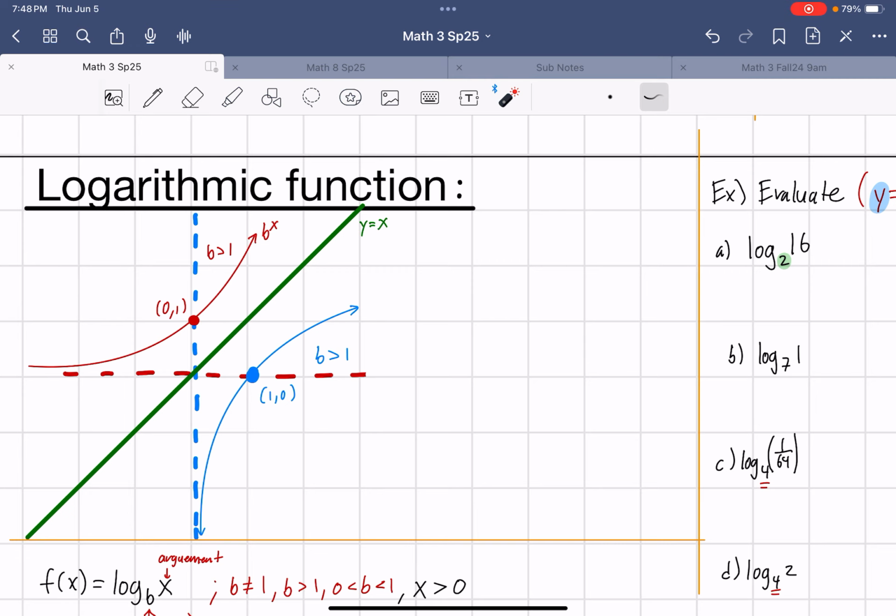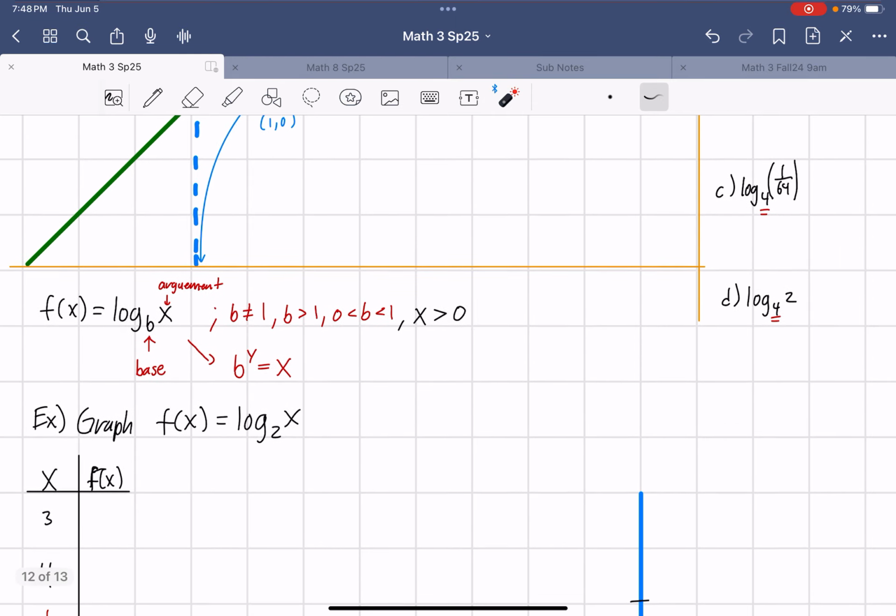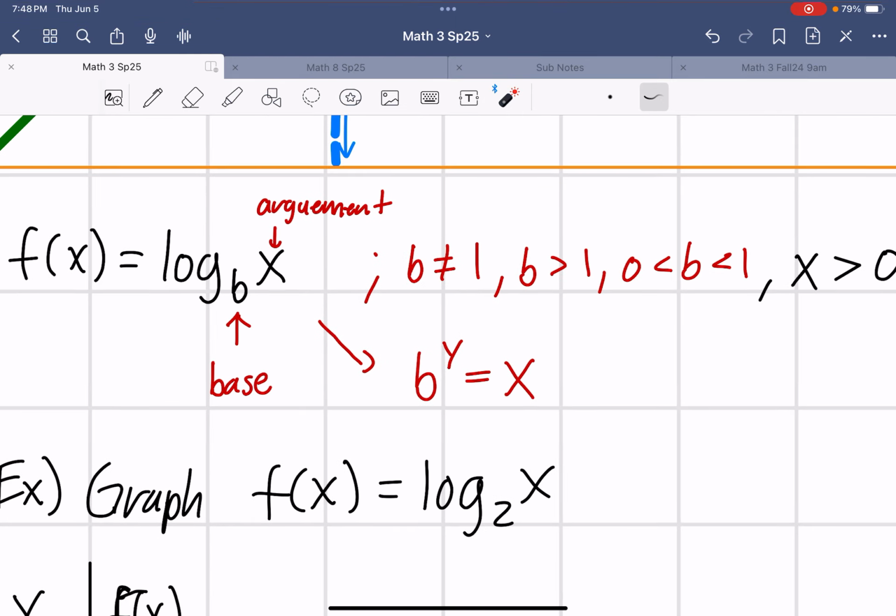But the logarithm is the very first function where you use the word log in the function. Up till now, everything has been variables and numbers and constants. But the logarithm is special. It is the first function that actually uses a word in it. And this is what the logarithm looks like. It says log base b and the argument x.